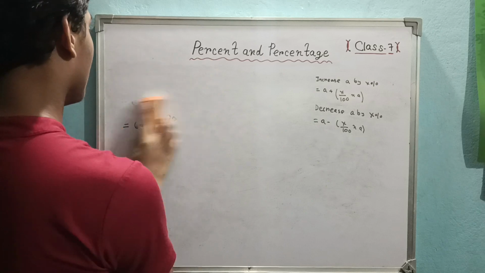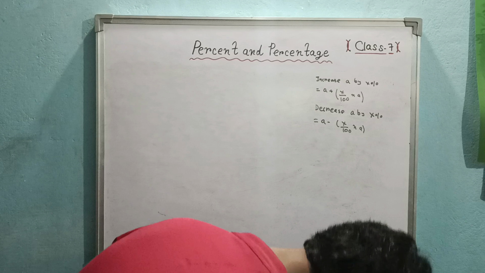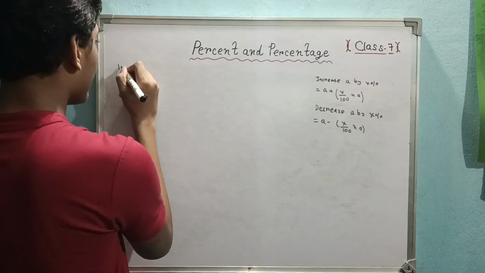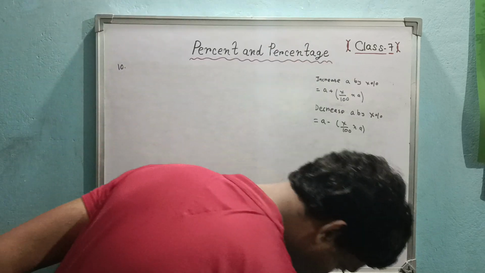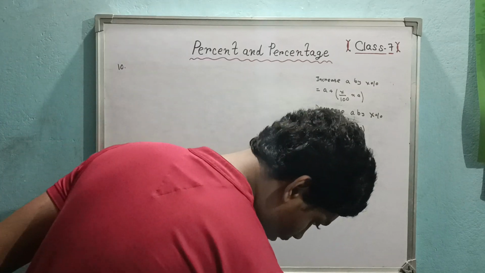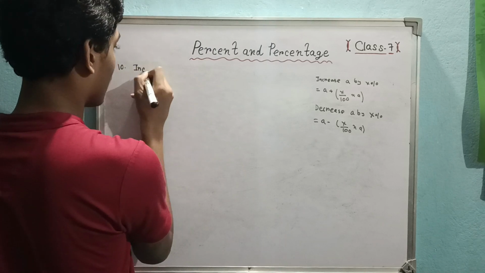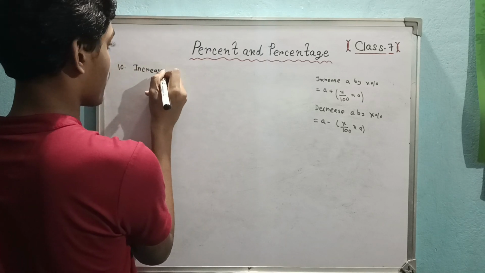Let's see what we have on this again. Wow. Big sum. Not big actually. Large values. So we have been given: increase 1000 by 3.5%. We know the formula.